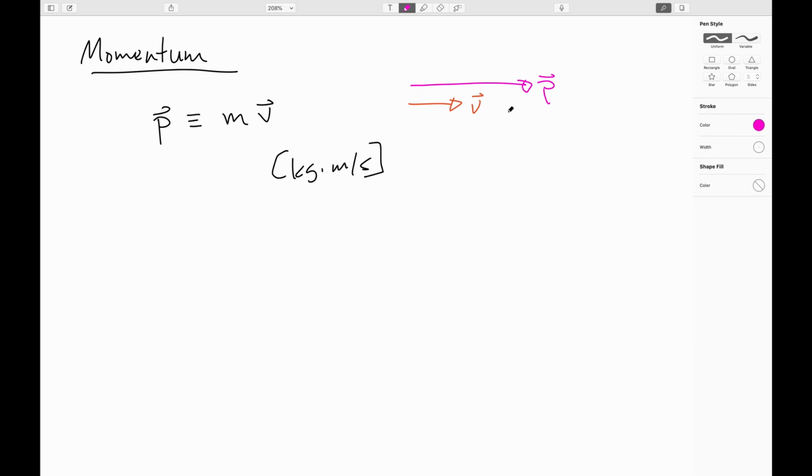Now, if you go on, eventually when you study Einstein's theory of special relativity, you'll find that we will have to modify this definition of momentum somewhat. There will be another factor called gamma that will also be multiplying this.